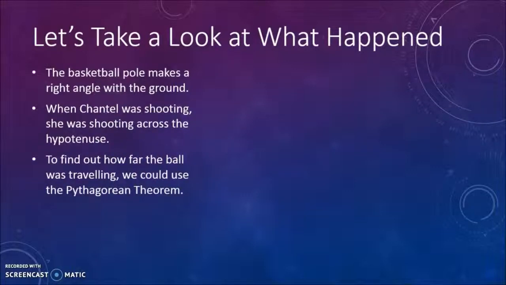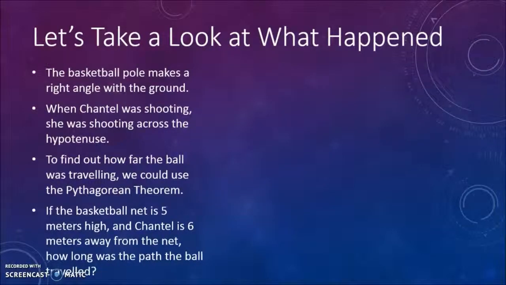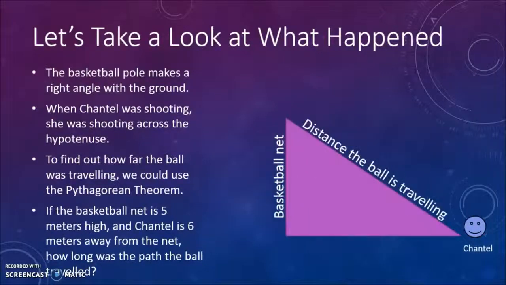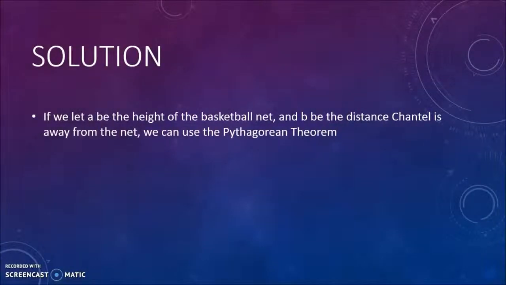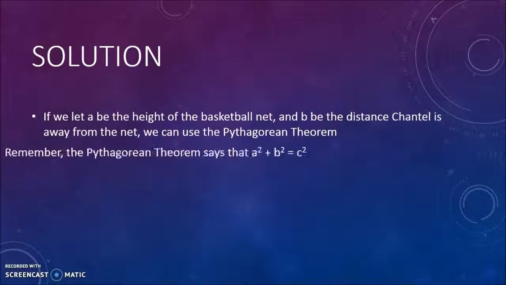To find out how far the ball was traveling, we could use the Pythagorean theorem. For example, if the basketball net is 5 meters high and Chantal is 6 meters away from the net, how long was the path the ball traveled? Solution. If we let A be the height of the basketball net and B be the distance Chantal is away from the net, we can use the Pythagorean theorem.